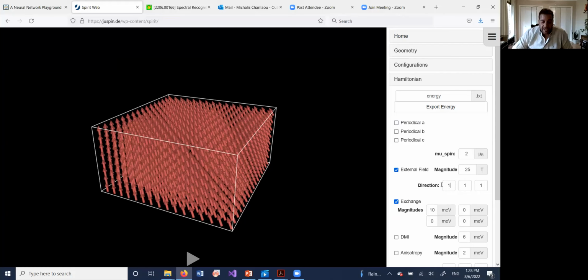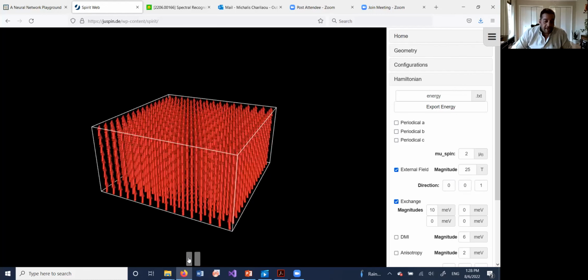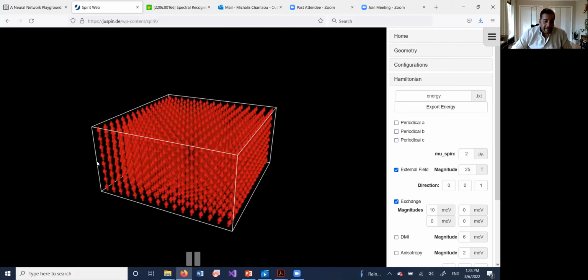Now, if I change the direction of the external field that I'm applying, look at how the moments or the individual vectors will rotate. They don't just go in the direction of the magnetic field. So the external field now points upwards. Okay. So the internal field eventually goes there, but it does this rotational motion called precession.